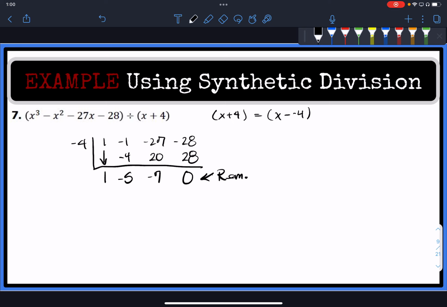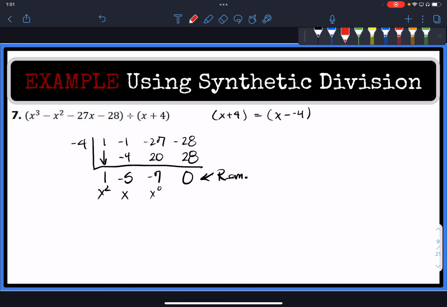So our solution, our quotient, is going to be these terms here, where these are the coefficients of our quotient. Now, since we started off dividing an x to the third power by an x to the first power, our quotient is always going to be 1 degree lower than our dividend. So we have x to the second, x to the first, and our constant, which is x to the 0 power.